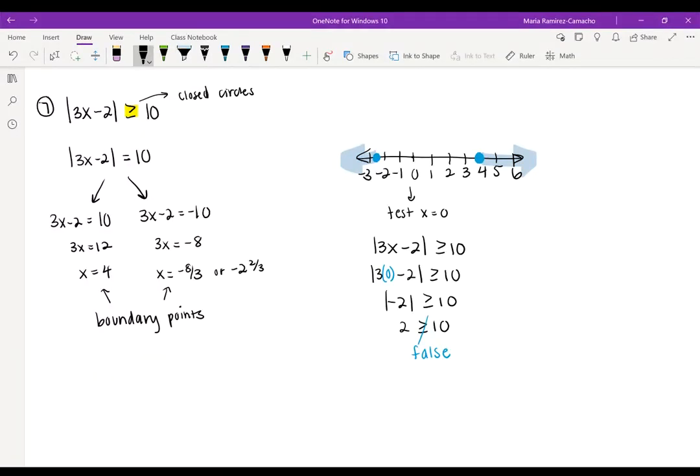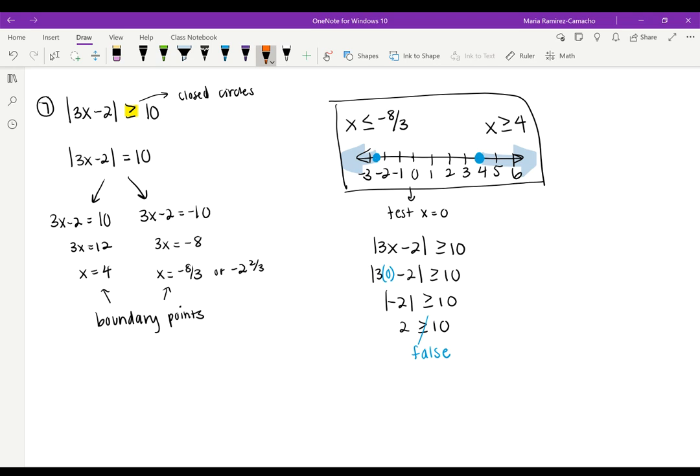Okay, what are our inequalities going to look like algebraically? Well, we've got all numbers greater than or equal to 4 shaded, so x is greater than or equal to 4, and then x is less than or equal to negative 8/3. If you're not sure how to orient your inequality symbols, a little shortcut is we've got this shading pointing to the right.